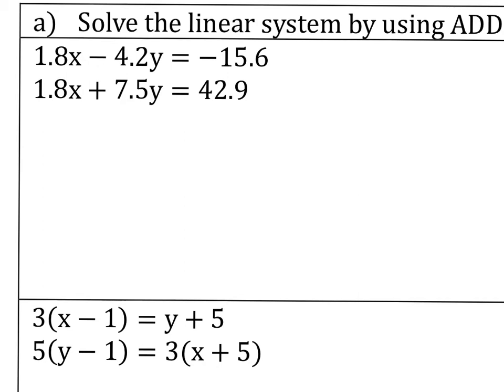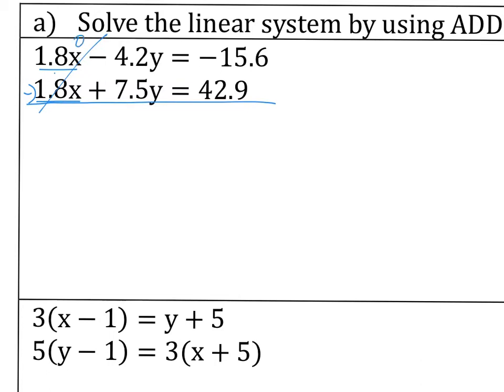Part A. Solve the linear system by using adding or subtracting. So in this case, you have decimal numbers. That's okay. I'm going to eliminate 1.8x by using subtracting. 1.8x subtract 1.8x would be 0. So I cancel that out.